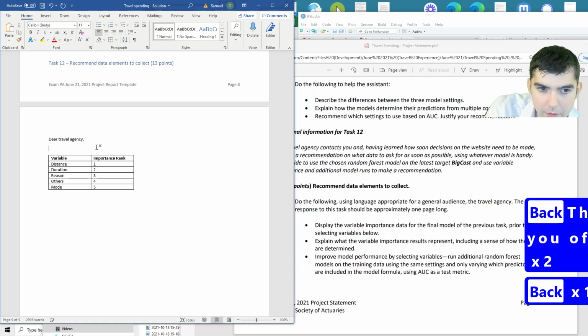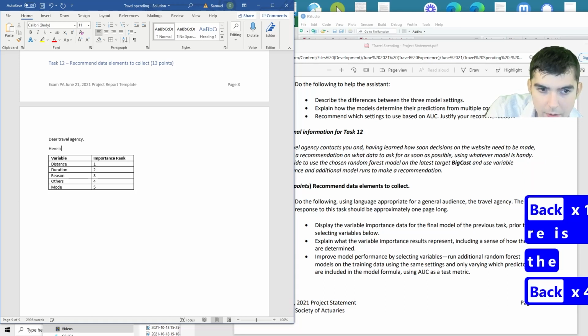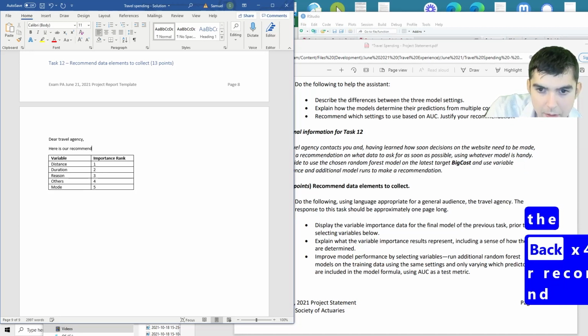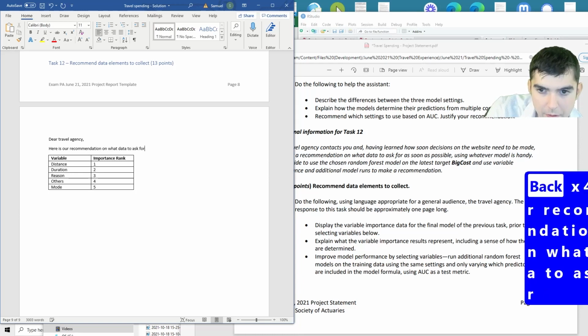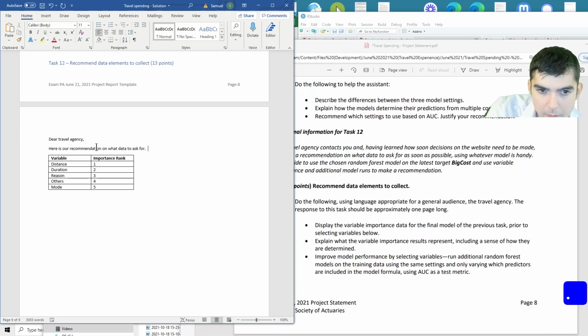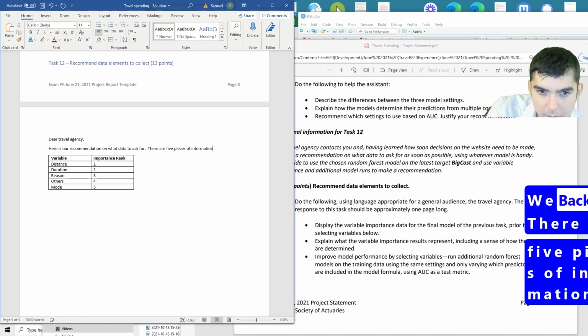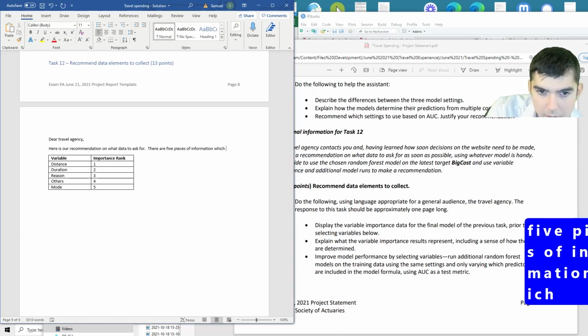So what's to say? Here's our recommendation on what data to ask for. There are 5 pieces of information which you will need to collect.